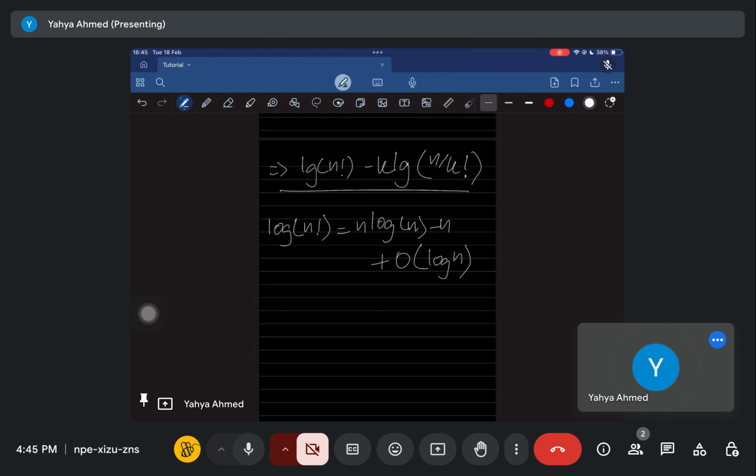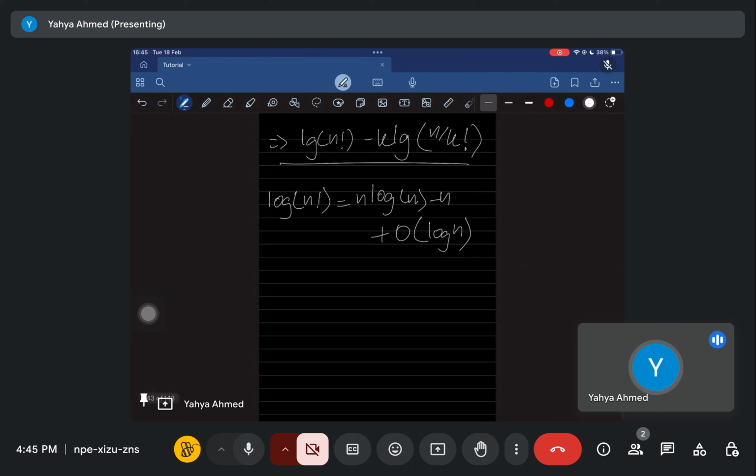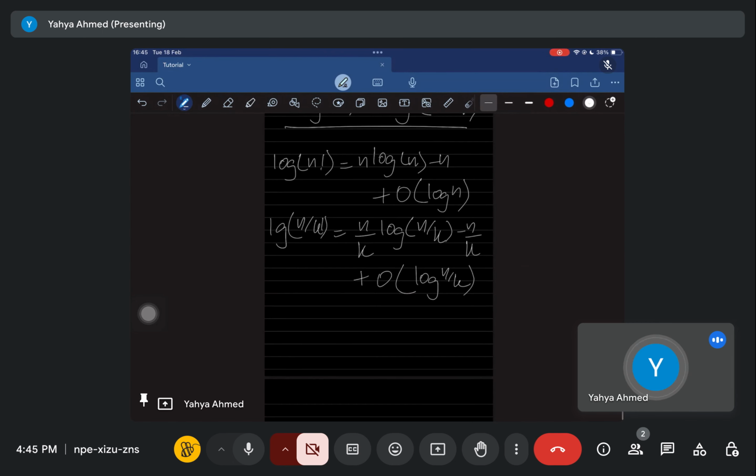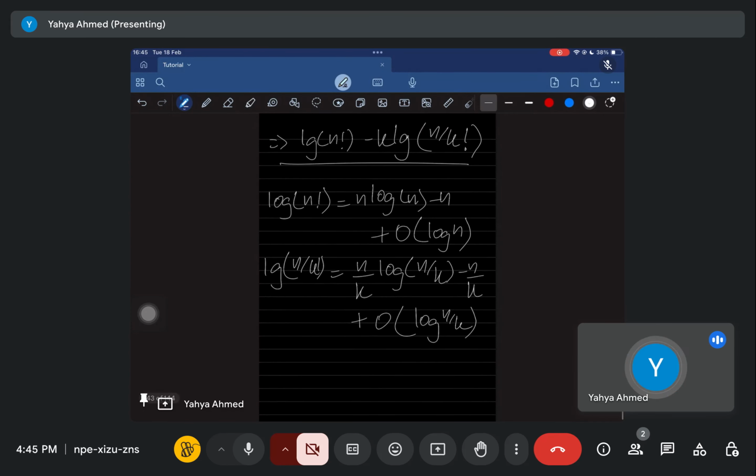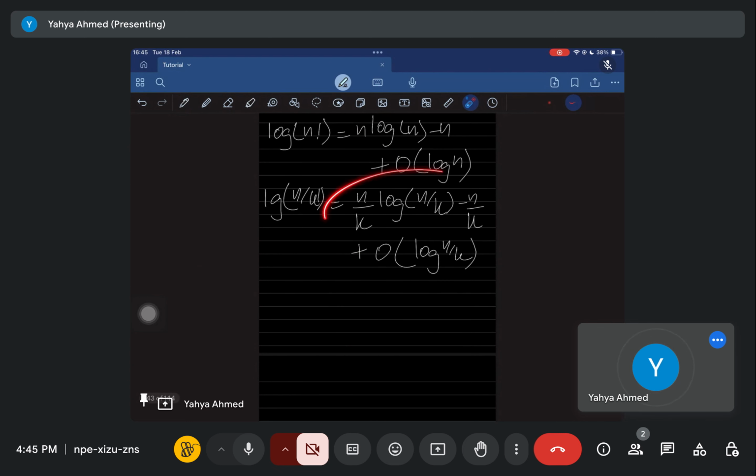Okay. And in that case, log of n upon k factorial would be n upon k log of n upon k minus n upon k plus O of log of n upon k, right? Adding these values, first let's consider the fact that this entire expression is being multiplied by minus k. So we multiply all of this by minus k.